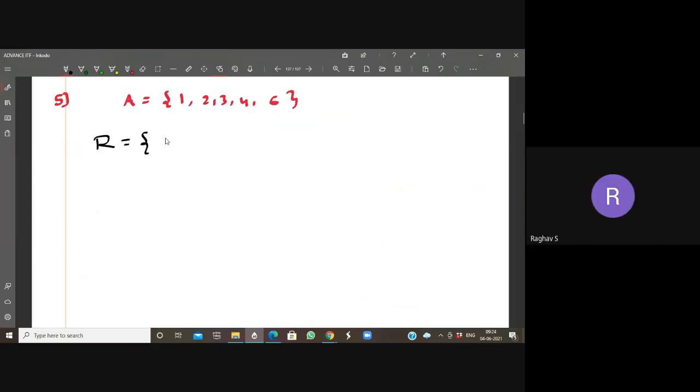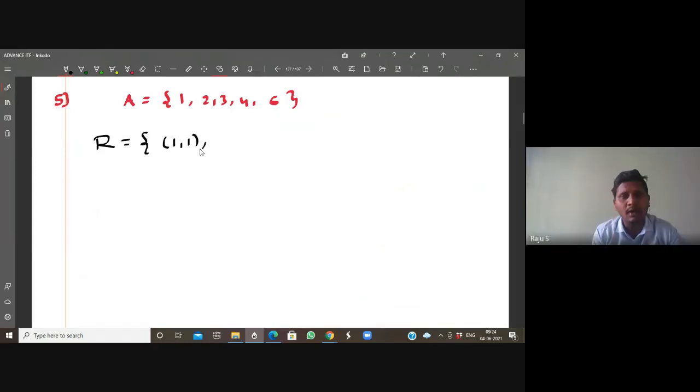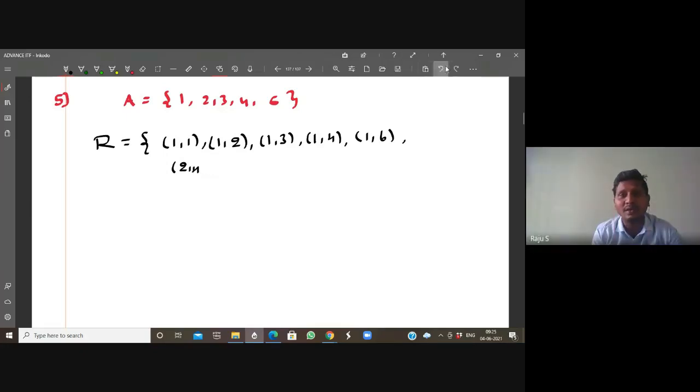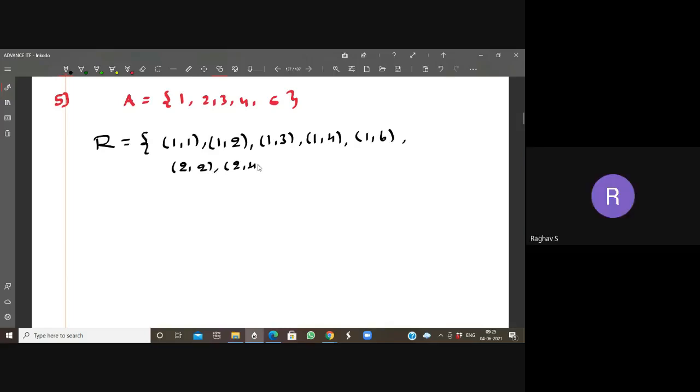The ordered pairs are (1,1), (1,2), (1,3), (1,4), (1,6), (2,2), (2,4), (2,6), (3,3), (3,6), (4,4), (6,6). Don't forget to write (2,2).